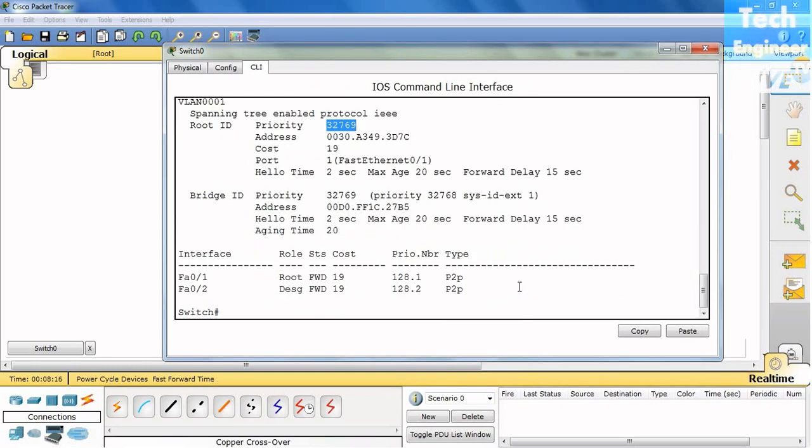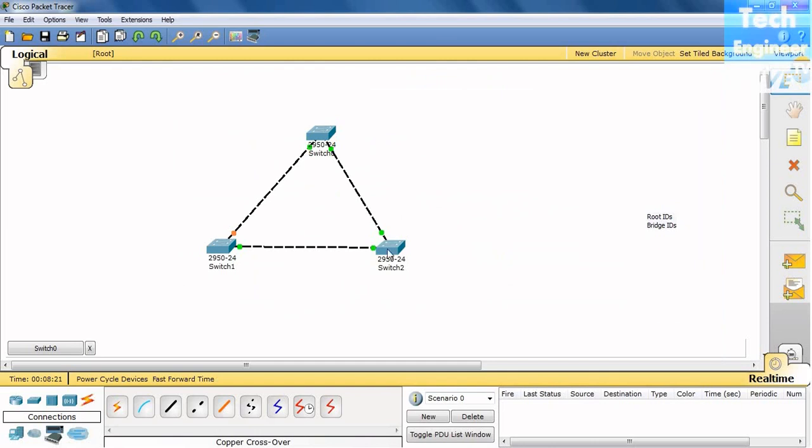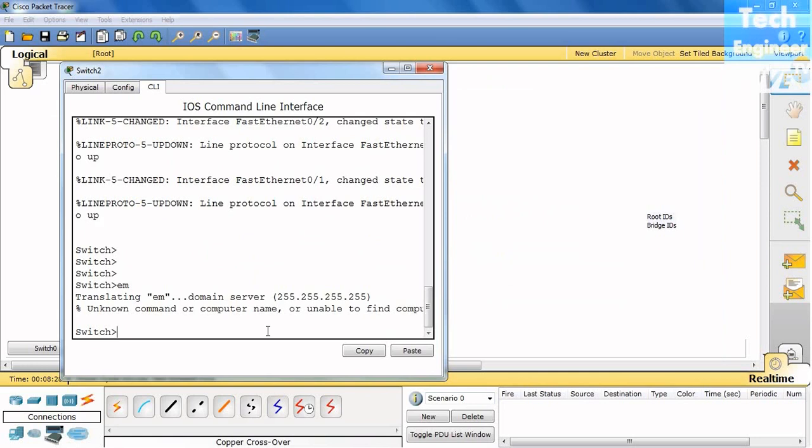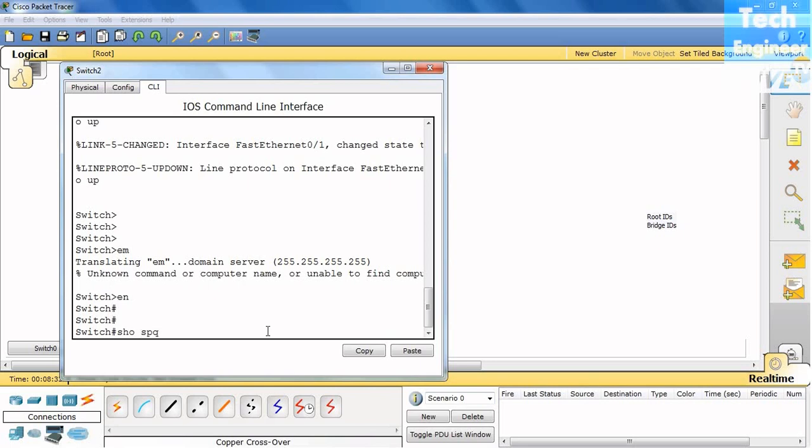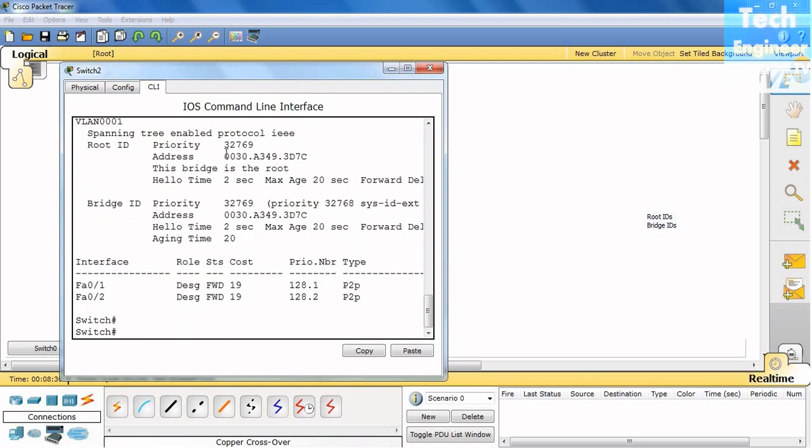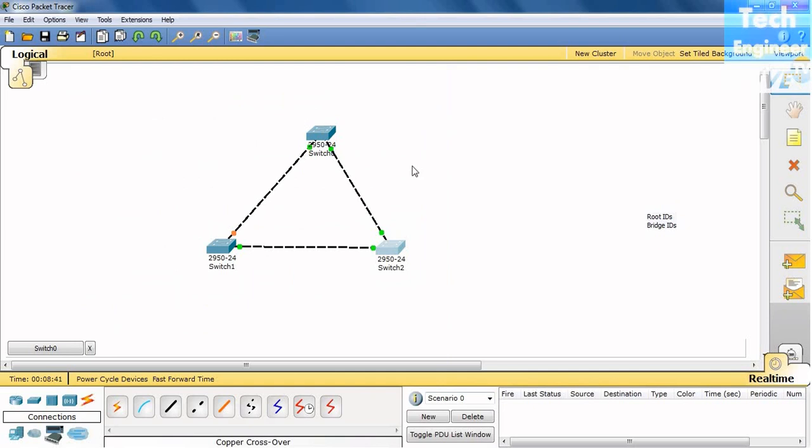Now, talking about how these ports are considered. For example, with root bridges, you can see the priority value is the same, 32769, but if one of these two switches is the root, then the decision maker is the priority value and the MAC address combination.